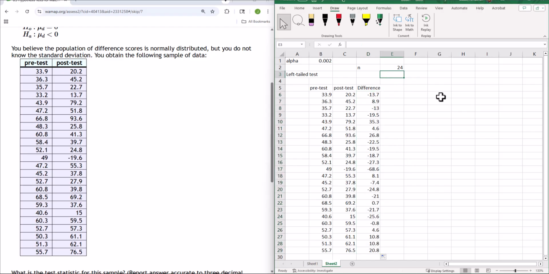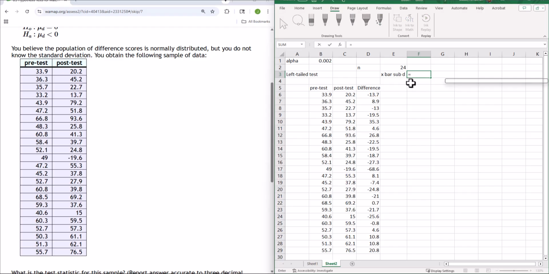So now x bar sub d is the mean of the differences, and the mean in Excel, it really likes the average function. Grab the average, grab the data set, and there we have it.